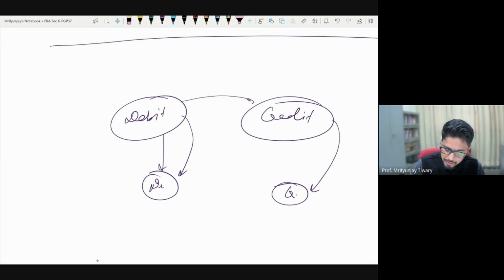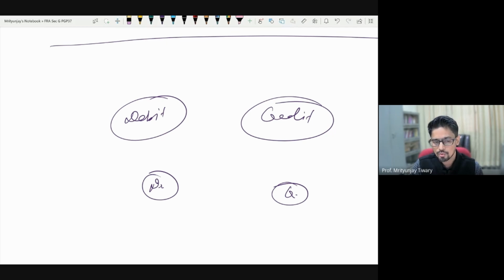Now, even before I introduce its meaning in the context that we are going to do, I would repeat it once again. When we say debit and credit in accounting, we don't mean anything. Is this one good? I don't know. Is this one good? I don't know. Then what is the use of this? The only use is that these are two codes to denote two sides of a table, which table we will see tomorrow.